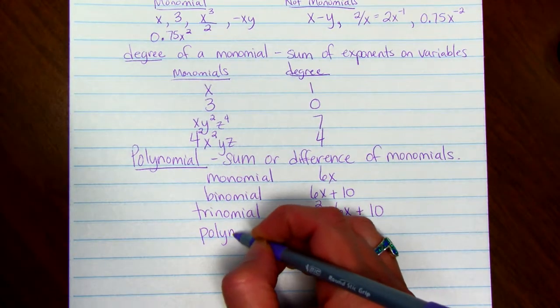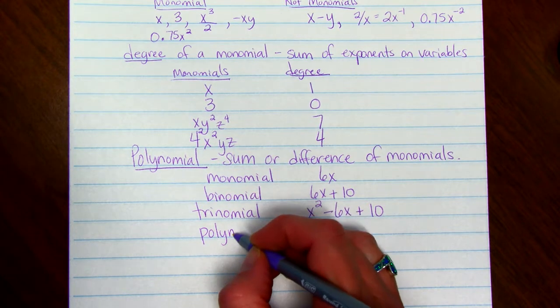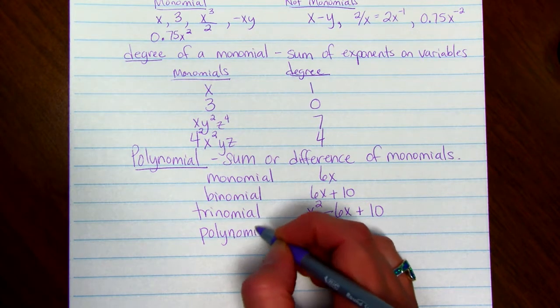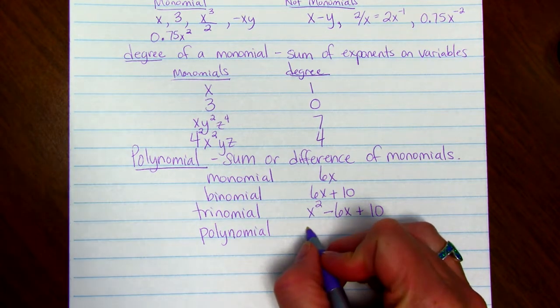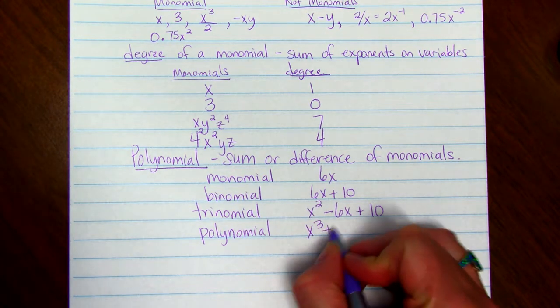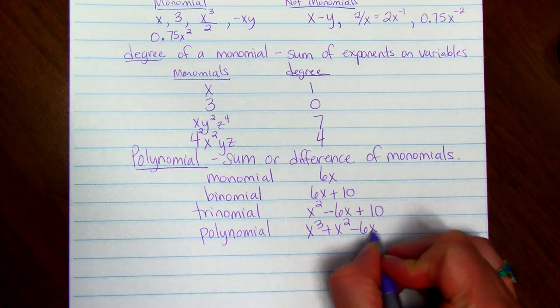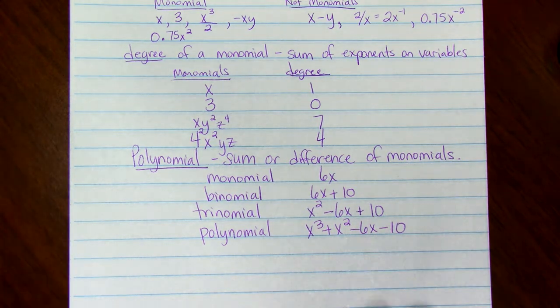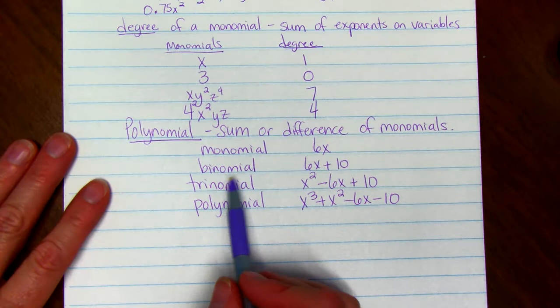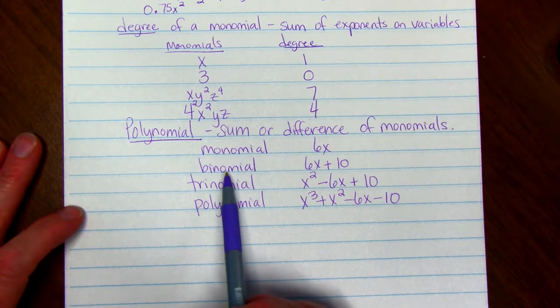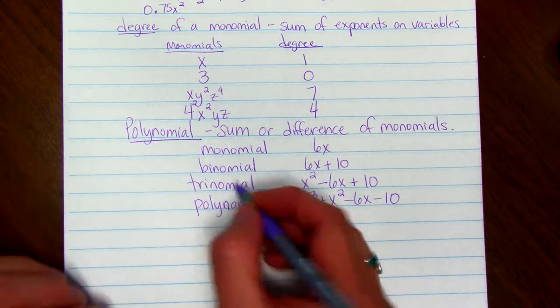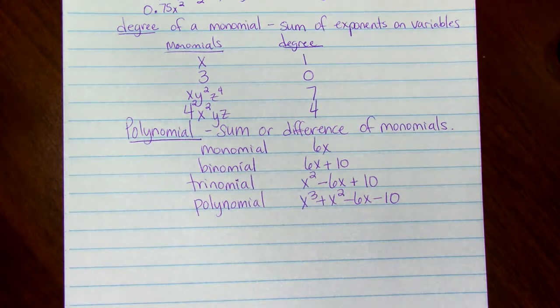For all other lengths, if you had more than 3 terms, we just call those polynomials. There's an example, it has 4 terms. Even though binomials and trinomials have different names, they're still polynomials. They're just types of polynomials.